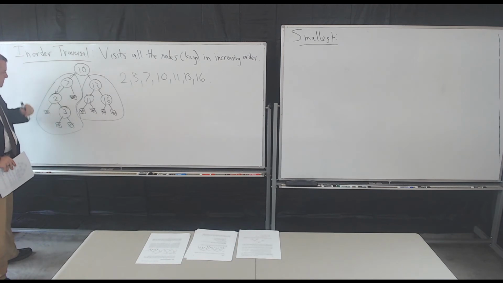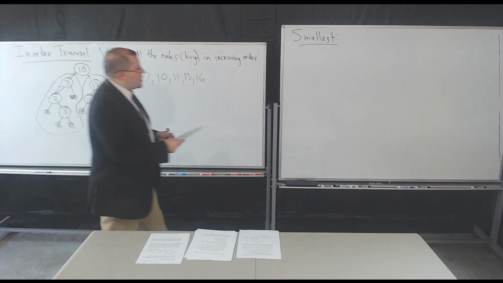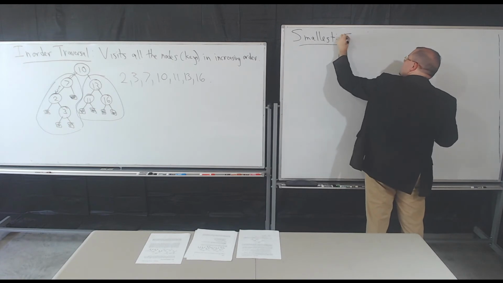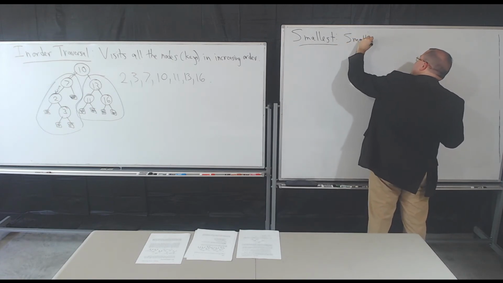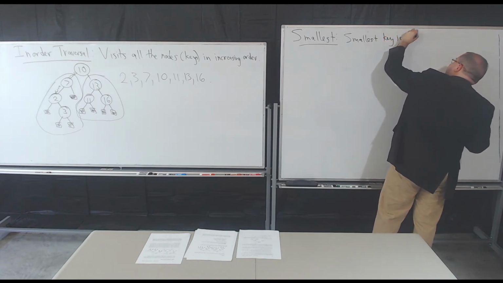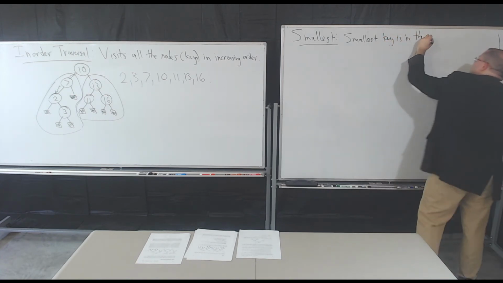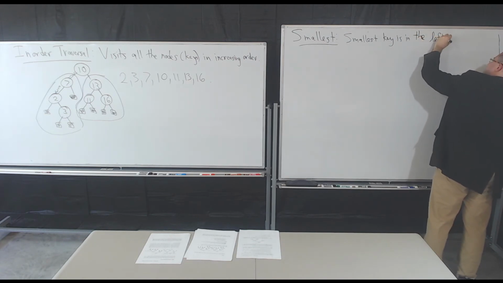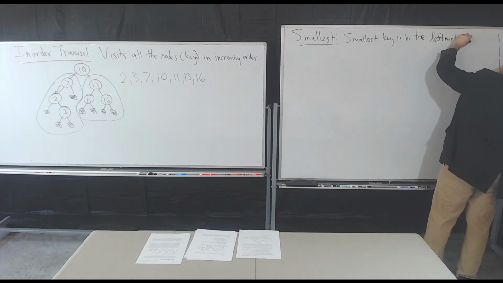Do you see that? So the smallest is always in the leftmost internal node. So we're going to use that idea. The smallest key is in the leftmost internal node.